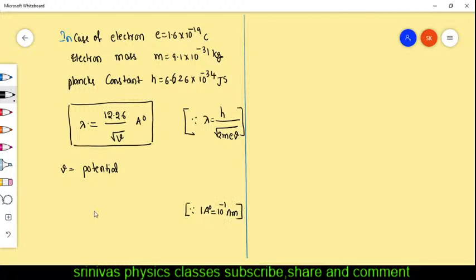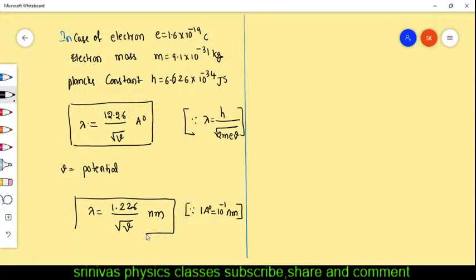You remember it. Then the de Broglie wavelength in terms of nanometers, 10 to the power of minus 1 is multiplied with 12.26, then you will get 1.226 by square root of v nanometers. This is the de Broglie wavelength.